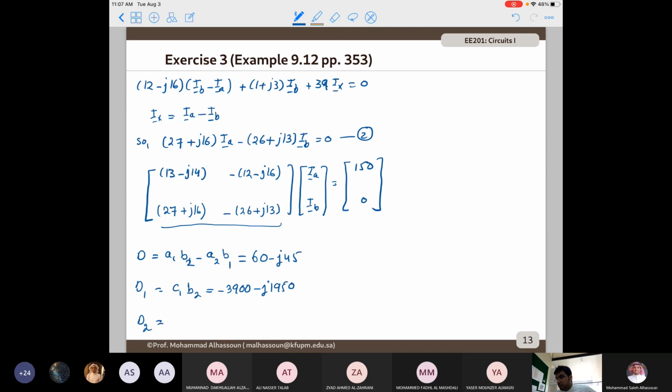D2 is going to be negative A2 multiplied by C1. And if we do that, we'll get minus 450, 4050 minus J2400.